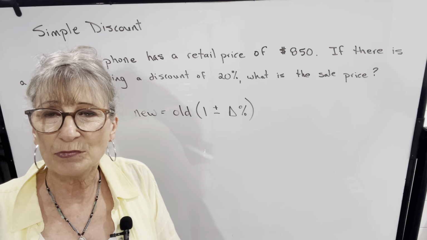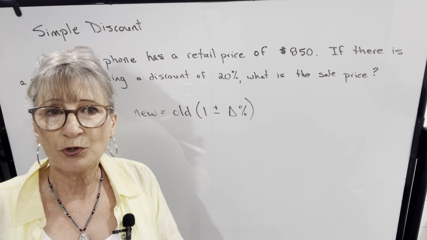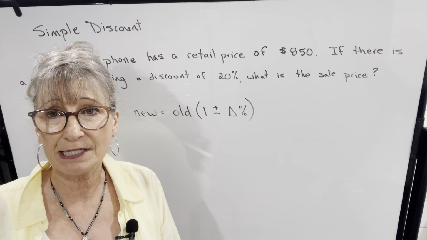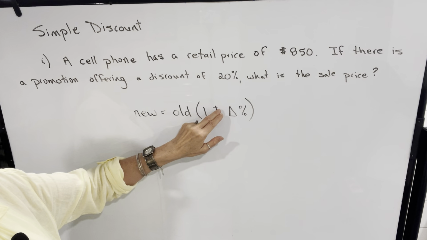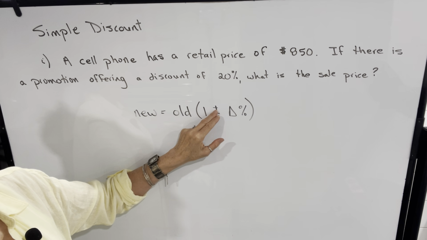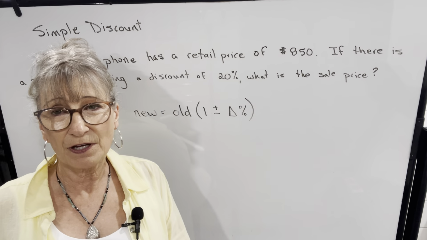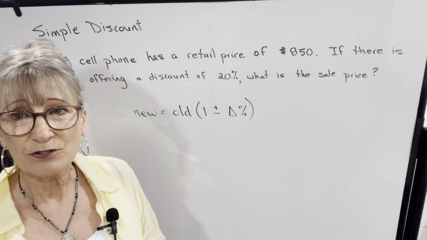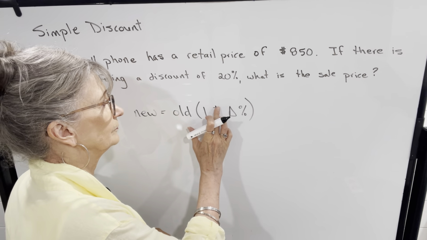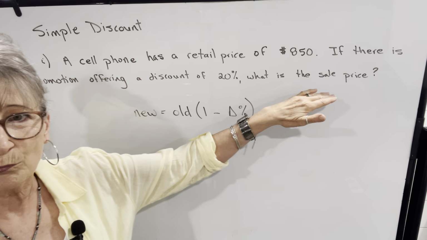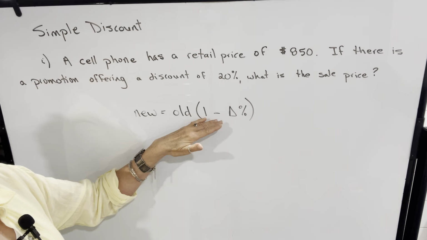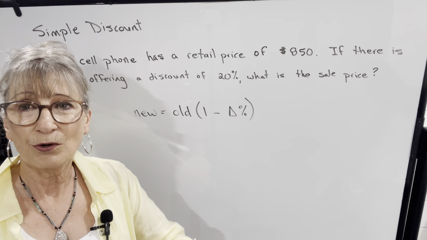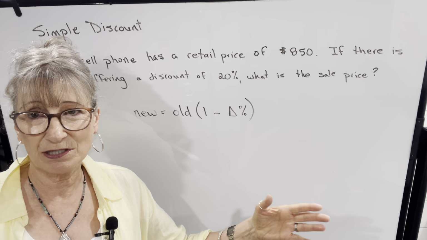So this formula can be used two different ways. If you're increasing a value by a certain percent, so for example, if you're adding a sales tax, then you're going to use the plus. If you're decreasing a value by a certain percent, then you're going to use the minus. So in this case, when we're working with discounts, we're going to use the minus. So you can use this formula if you like formulas, or you can just go through the steps like we did previously.